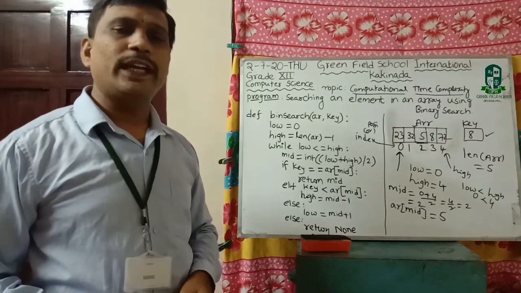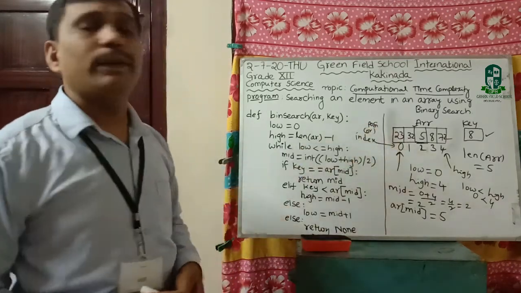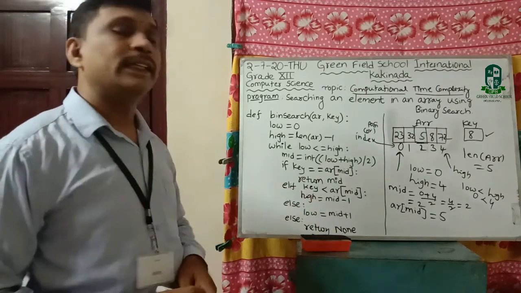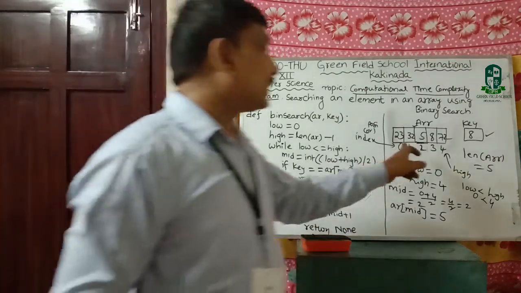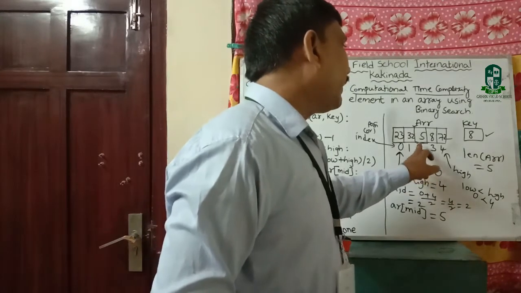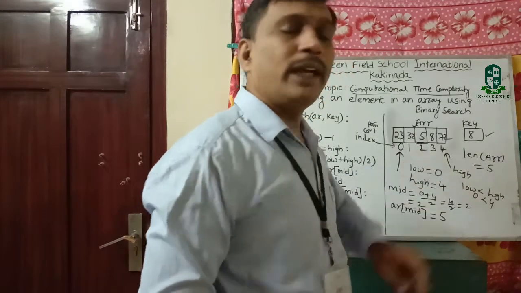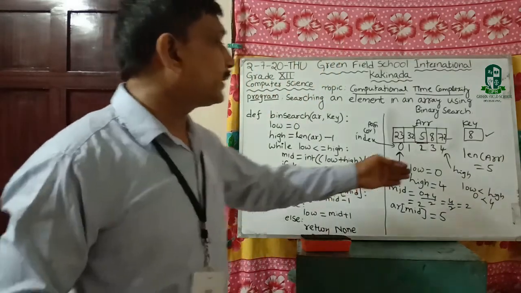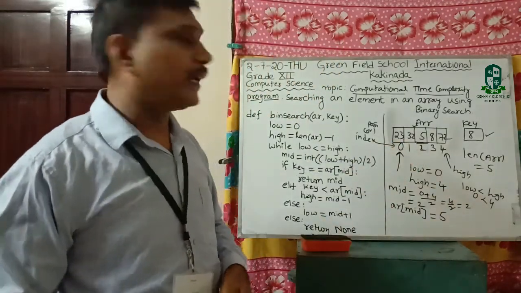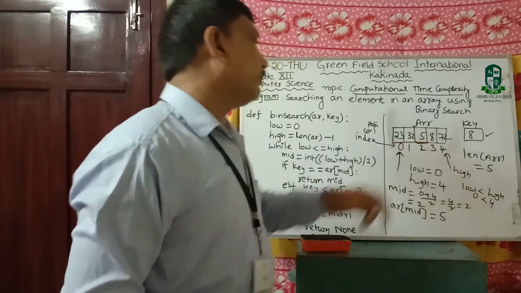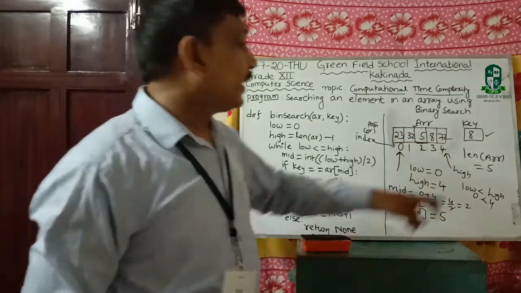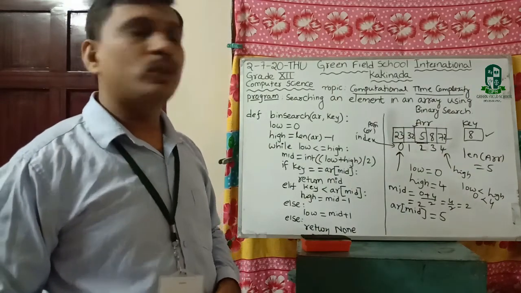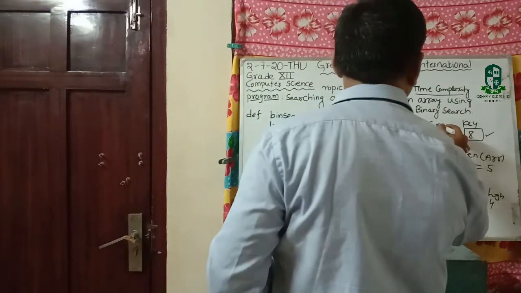Then we check whether key is less than array of mid or key is greater than array of mid. In our example, the key element is greater than array of mid, so we search in this list.